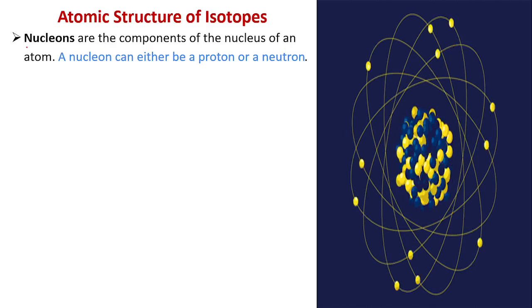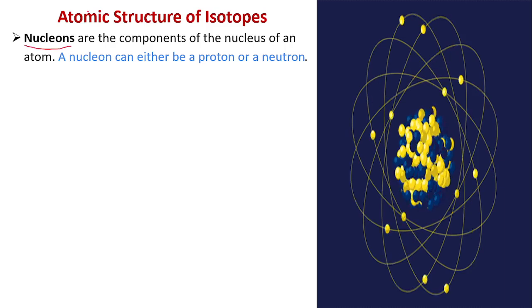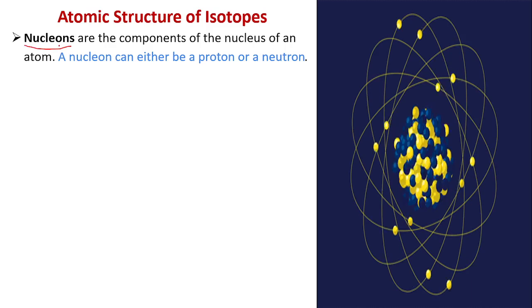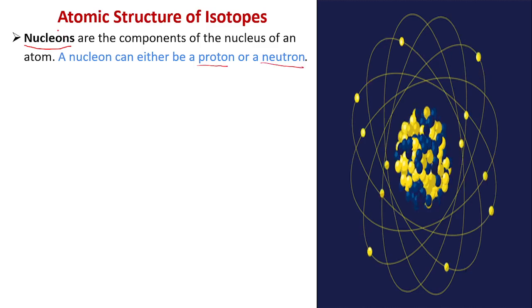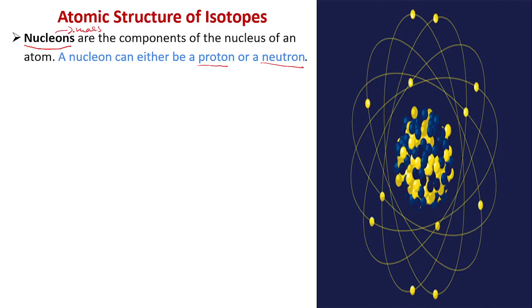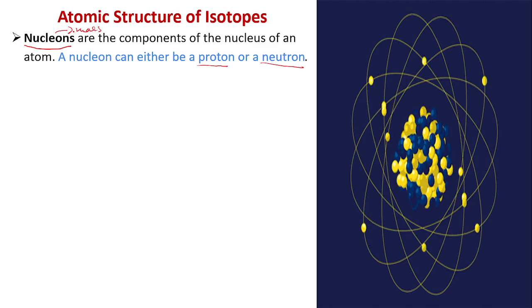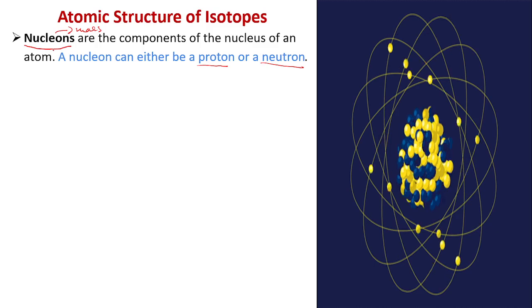The nucleon is made up of two important particles, the proton and the neutron. These nucleons are the ones that determine the mass of an atom. So the mass of an atom is concentrated in the nucleons. Let me repeat once again, the nucleons of an atom are just the protons and the neutrons.